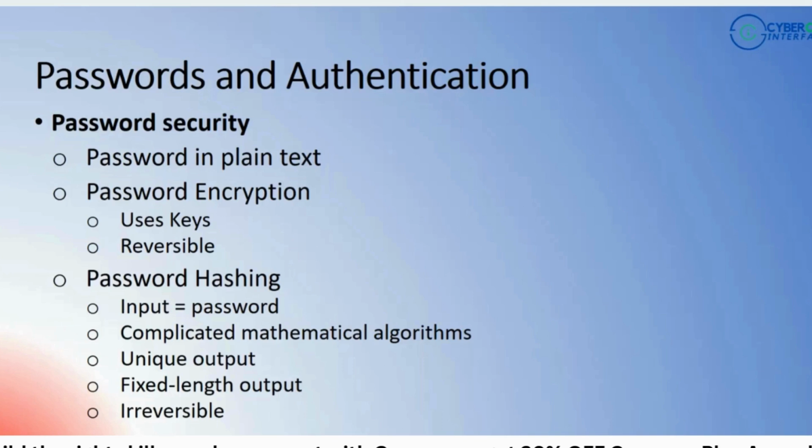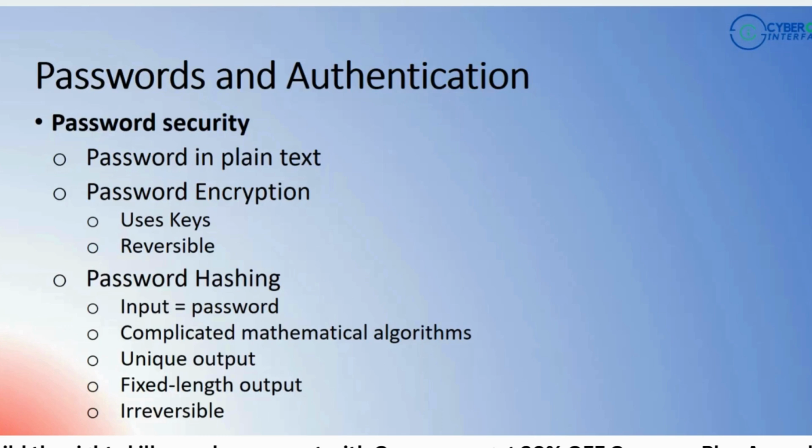Now we come to the main one, which is password hashing. Password hashing is considered the best option in terms of securing your password properly and being able to authenticate well. Password hashing usually takes an input. In this case, the password that you have picked is the input for hashing.